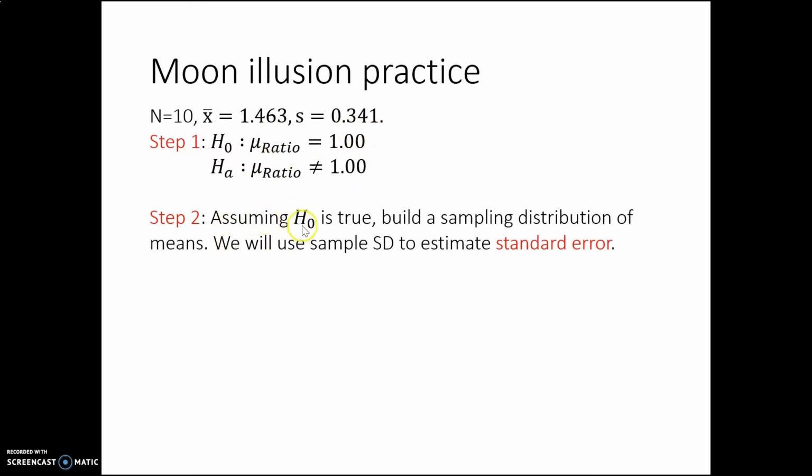And next, we're going to build a sampling distribution of means. This time, we do not have the population's standard deviation. Instead, we can use our sample's standard deviation to estimate the standard deviation of this sampling distribution of the mean.